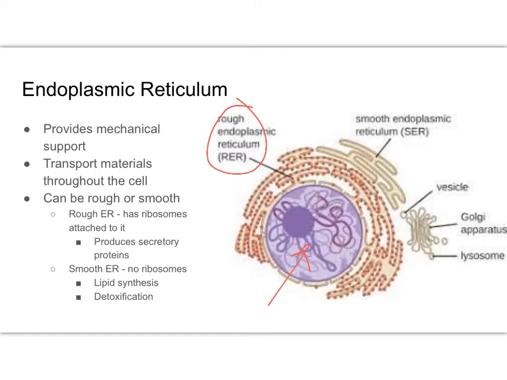And what it's helping do here, okay, is as these ribosomes make the proteins, these proteins are threaded into the lumen of the ER. Okay, the lumen is the opening or the space. So basically, as the ribosome makes the protein, it is being forced into the hole, into the tube of the endoplasmic reticulum.